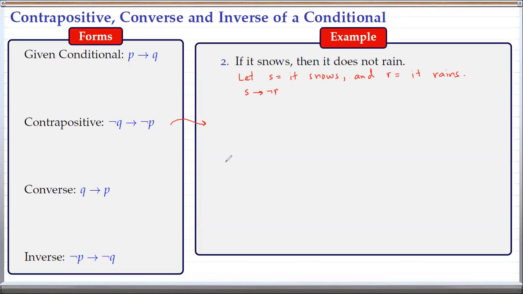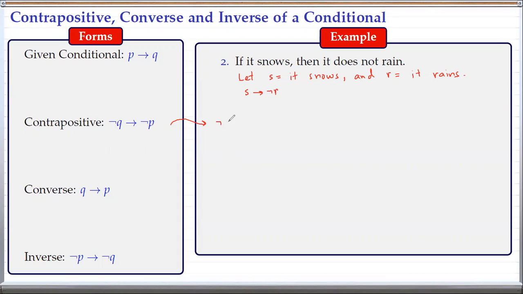Now the contrapositive of P implies Q is not Q implies not P. So we negate both and flip the direction.